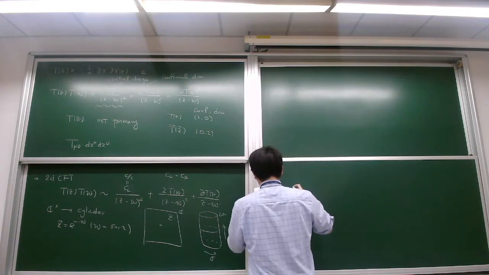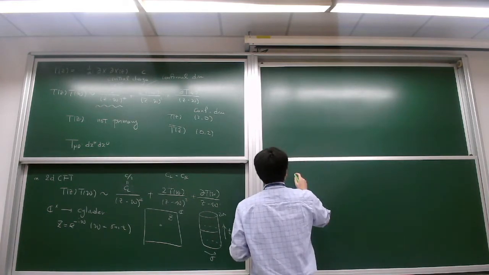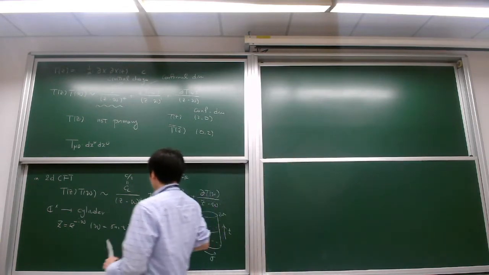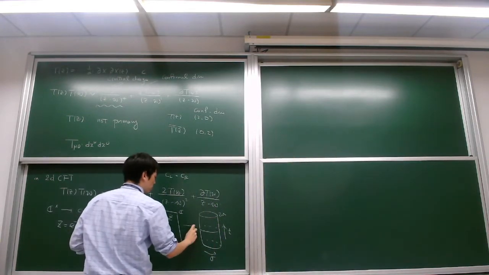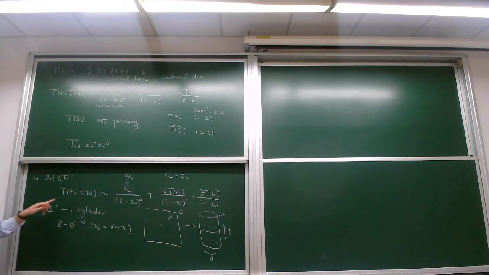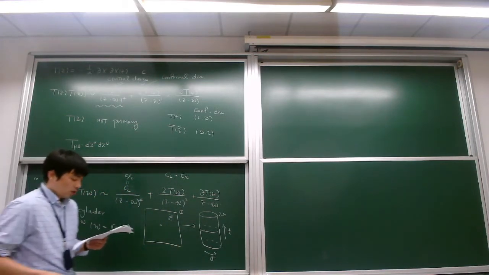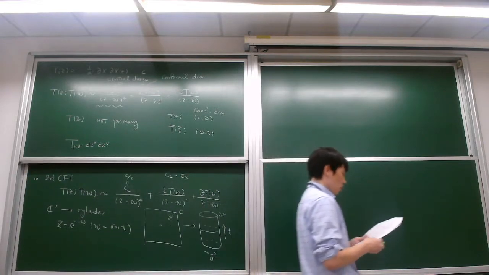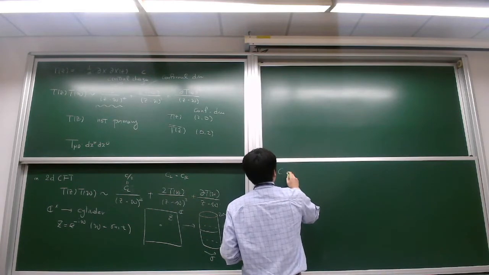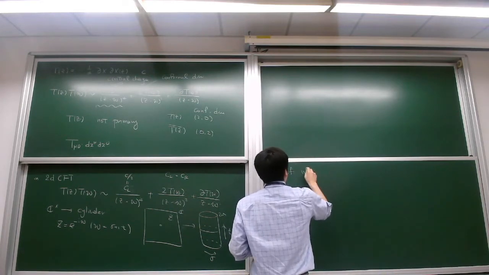We would like to move from one to the other by conformal transformation, and to know how the stress energy tensor transforms under it. To do that, we can use the conformal Ward identity.